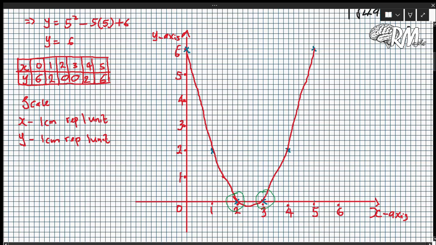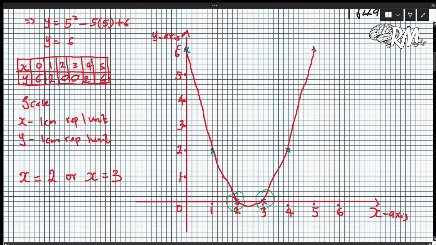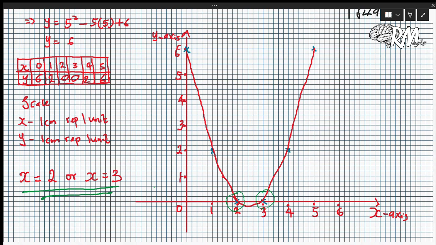So with this, we can say that our final answers are x equals 2 or x equals 3. So this is the final answer to this question. Where they cut the x-axis from the graph, you can see it. So with this, we are done with the graphical method.